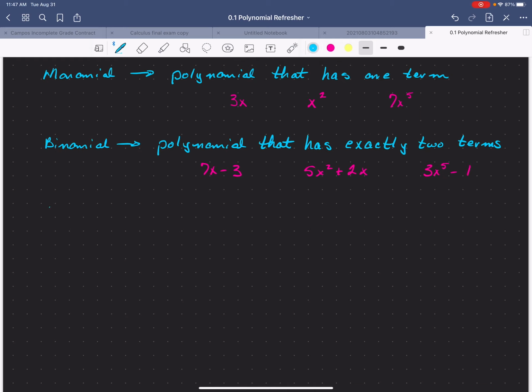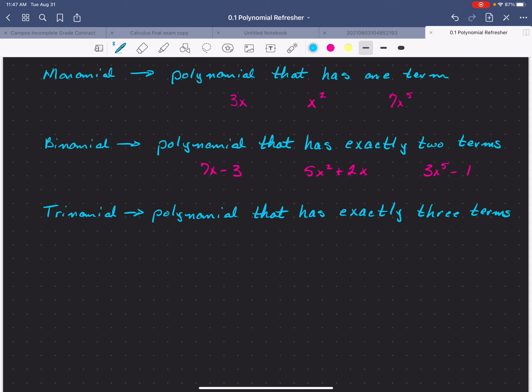And similarly, a trinomial is a polynomial that has exactly 3 terms.